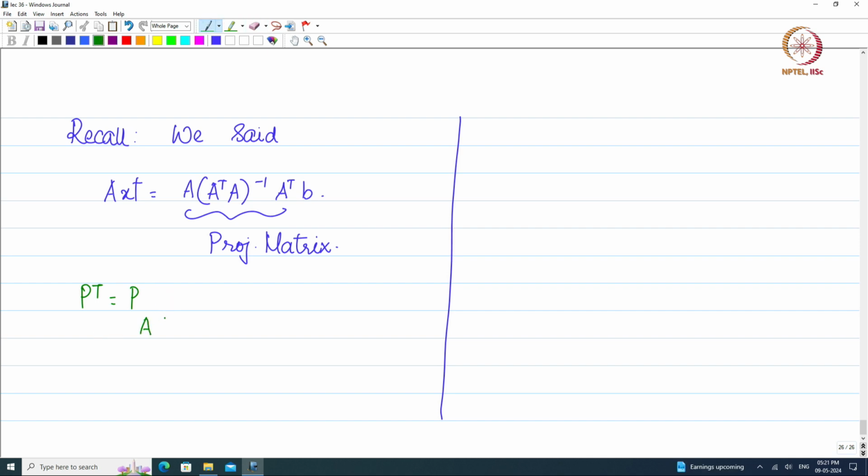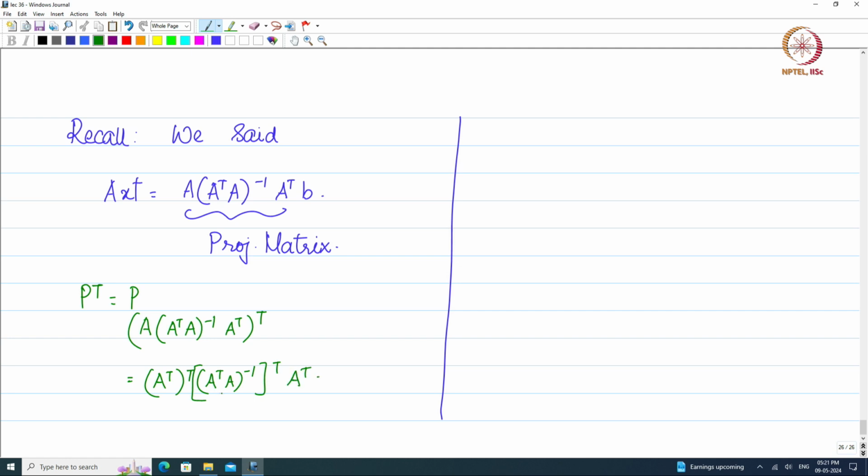A into A transpose A the whole inverse into A transpose, take the whole transpose of this. What is that? That is nothing but A transpose the whole transpose, A transpose A the whole inverse the whole transpose into A transpose.